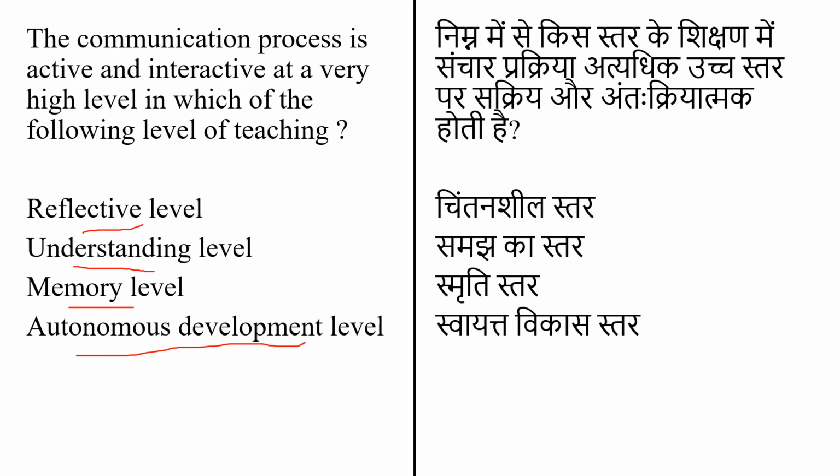So the main proponent of the reflective level of teaching is Hunt. Please remember this. It is proposed by Hunt. It is the highest level of teaching, which involves the use of a problem-centric approach.